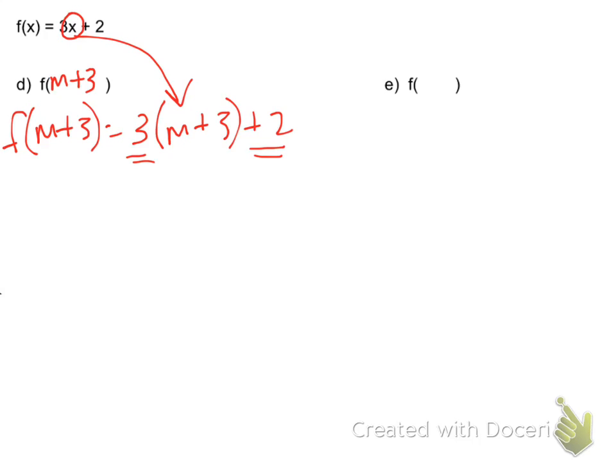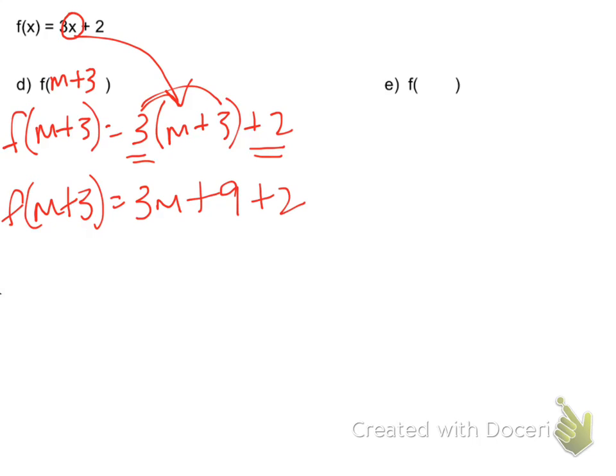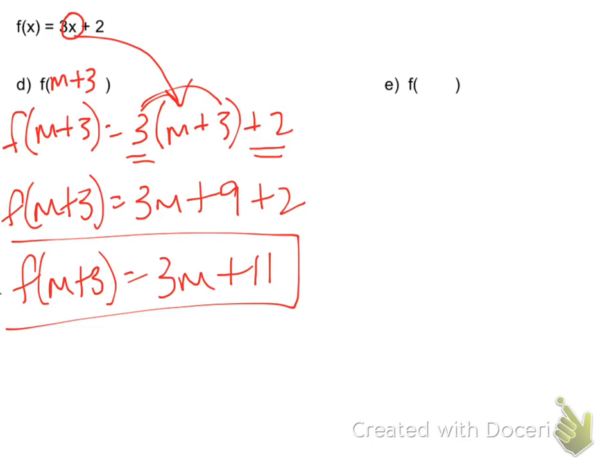So can we simplify this? Well, of course we can. We can distribute the 3, so we get f of m plus 3 equals 3m plus 9. We still have the plus 2, so f of m plus 3 equals 3m plus 11. We can't simplify it anymore, but we can get it to that point.